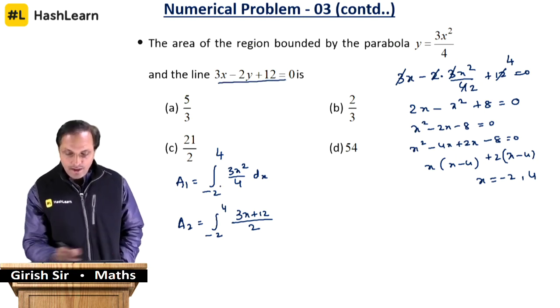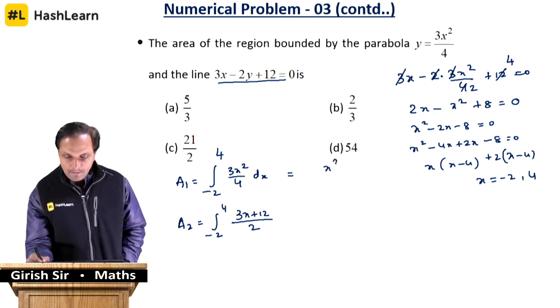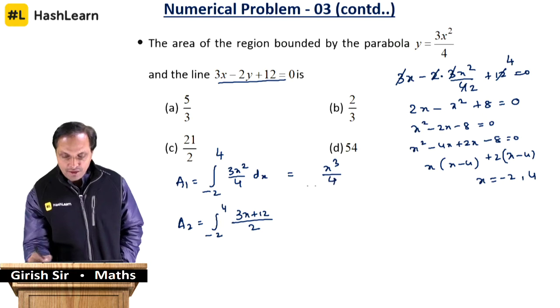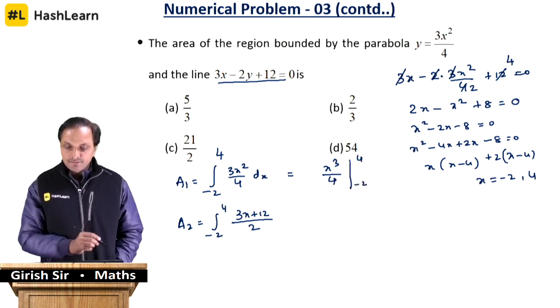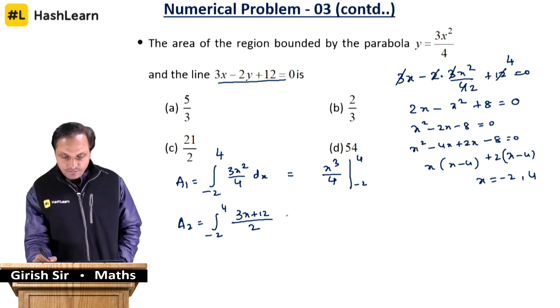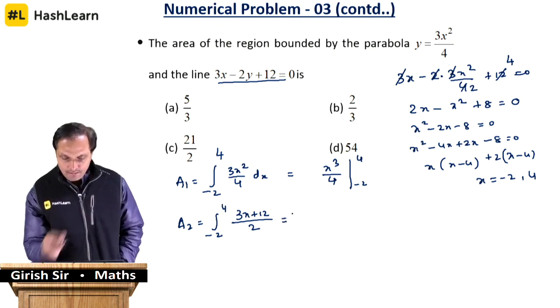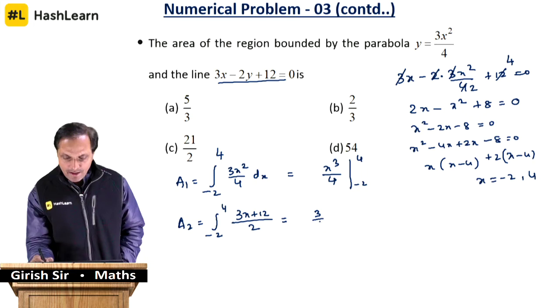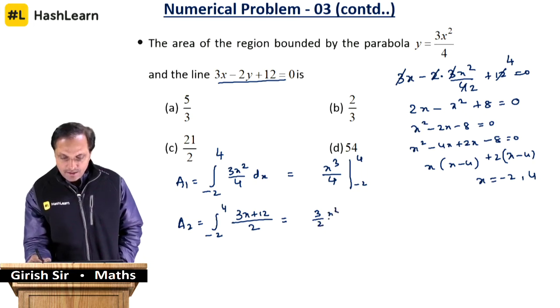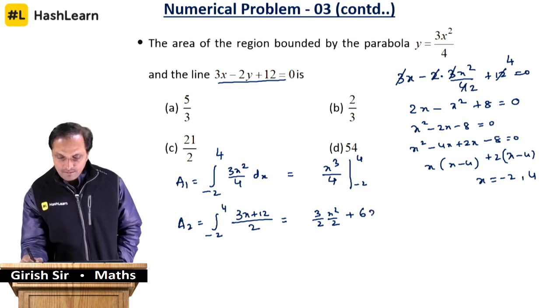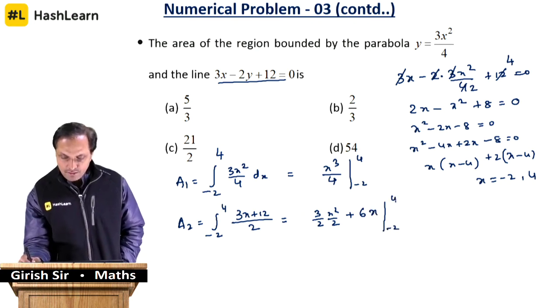If you integrate this, you will have x cube by 4, because 3 cancels. Apply the limits minus 2 to plus 4. Here you will have 3 by 2 into x square by 2 plus 12 by 2 is 6, x, minus 2 to plus 4.